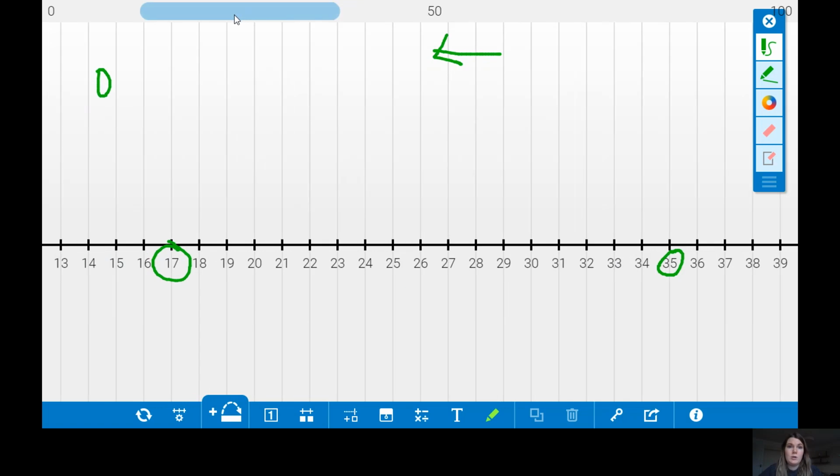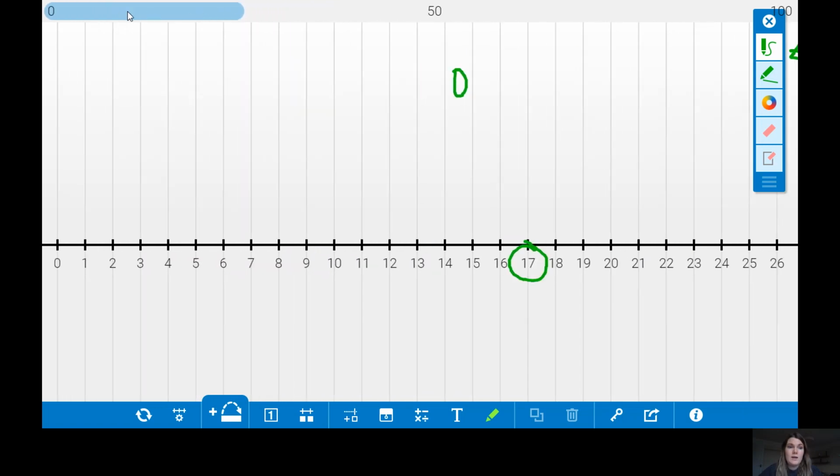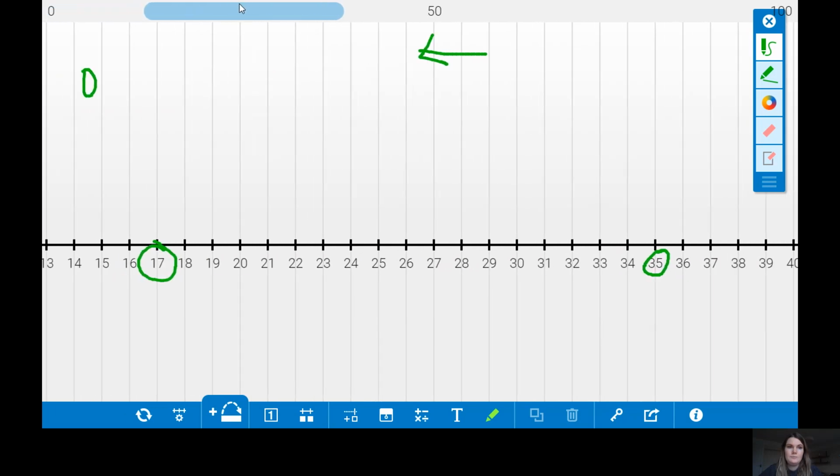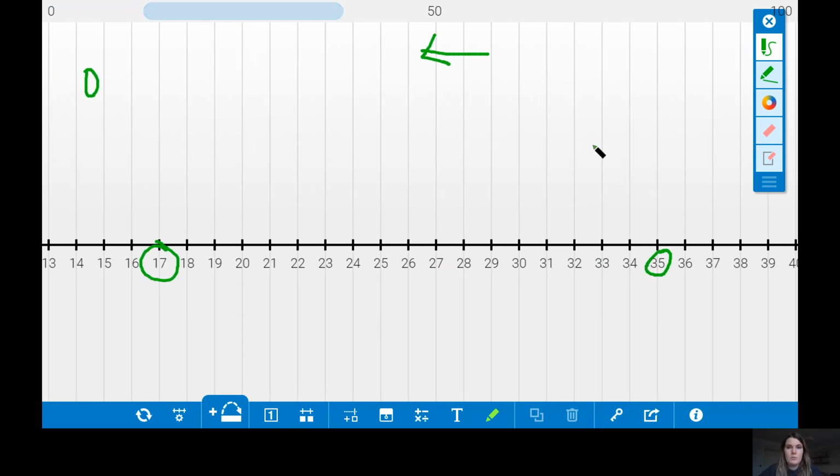Exactly. If I was to move my number along, I know eventually here it would be 0. Okay. So I want to know which is closest to 0. Well, looking at 17 and 35, I think that 17 is closest to 0 because 17 is the furthest on the left.